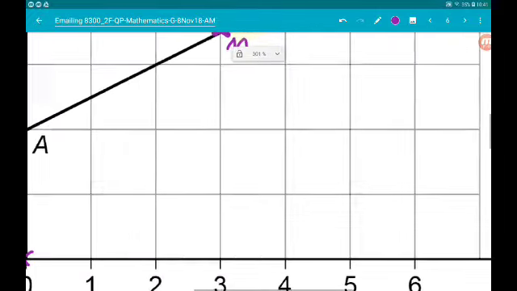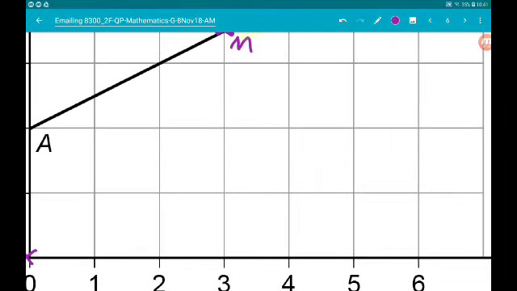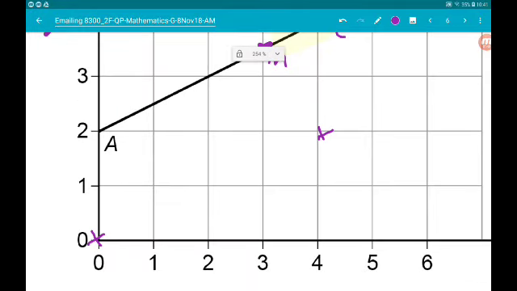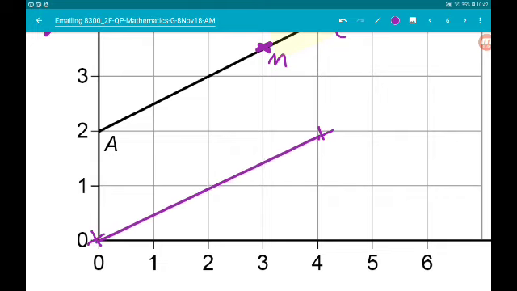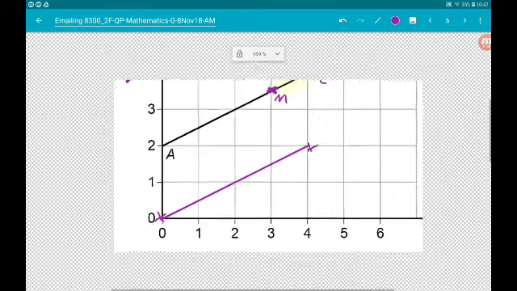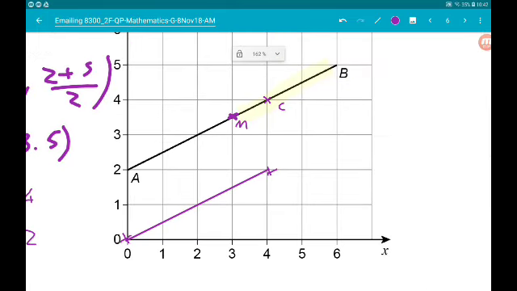So it's going to get 2 at that point there. So join those 2 points with a straight line. There is your line parallel to AB, 2/3 as long. Cool.